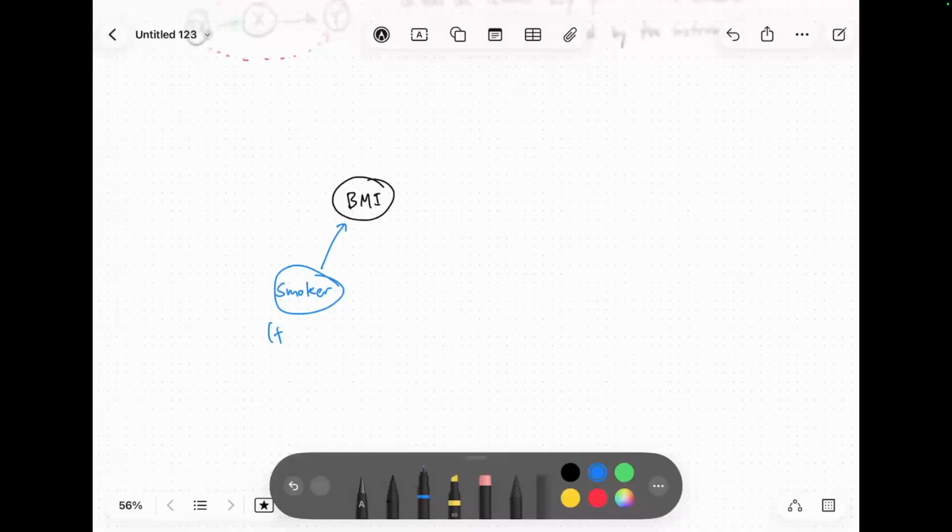So this is our treatment. And so the idea is if someone smokes more or smokes less, how does that affect their BMI? That's body mass index for those who aren't aware.